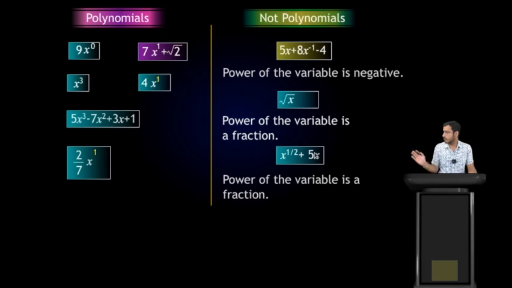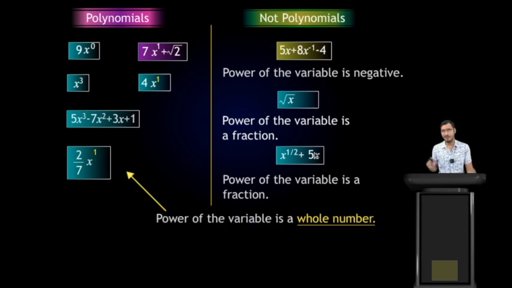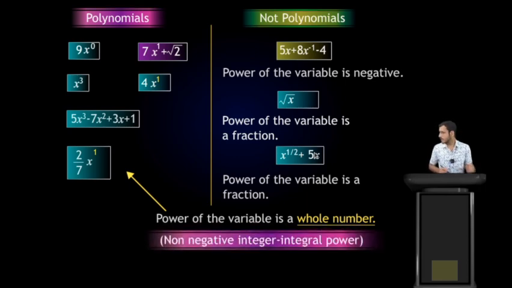In the polynomial condition, the power is a whole number, like 0, 1, 3. So for a polynomial, the power of the variable is a whole number, 3, 2, 1. That is, a non-negative integral power: 0, 1, 2, 3, 4.